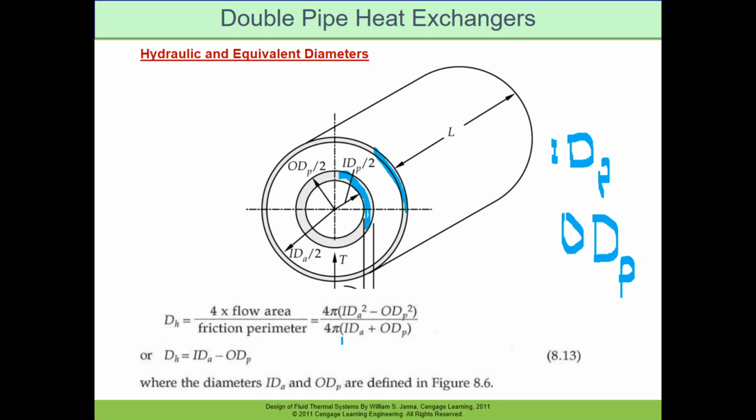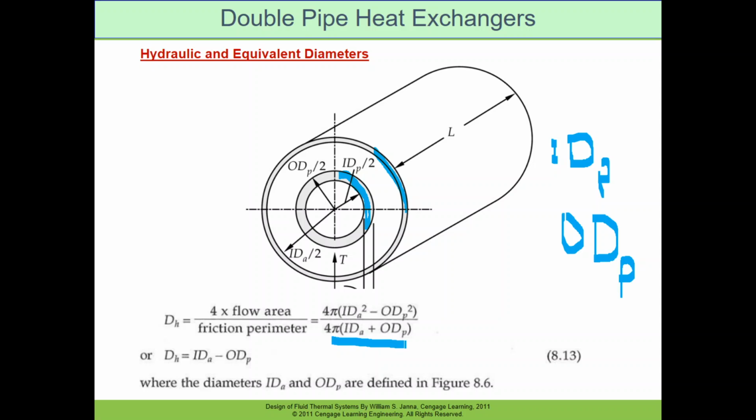What is the friction perimeter? The outer surface and this inner surface are subjected to the fluid friction. So the perimeter of this surface and the perimeter of this surface together give you the friction perimeter.